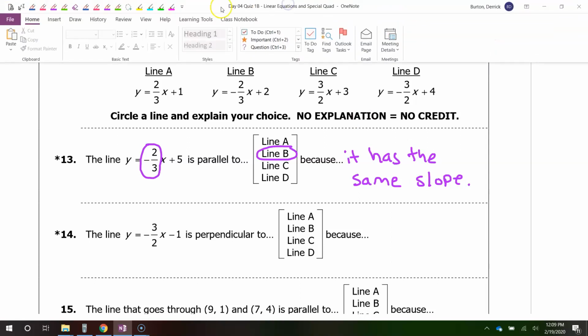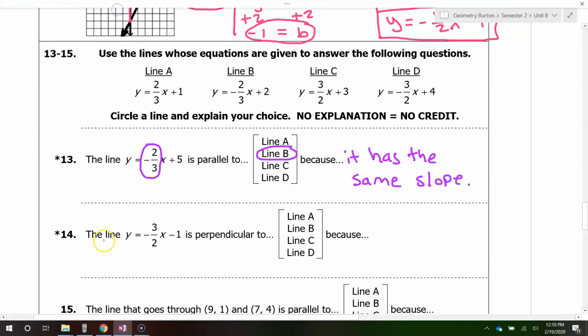Okay, great. So far, so good. Now we have this line. It's perpendicular to which line? Okay, so the slope right here is negative 3/2. If it's going to be perpendicular, that means opposite and reciprocal slopes.